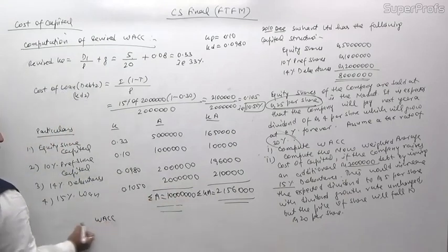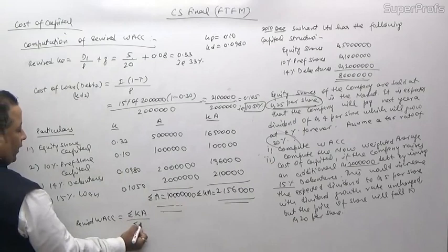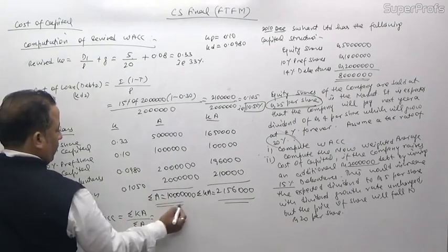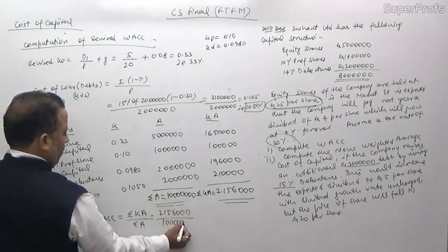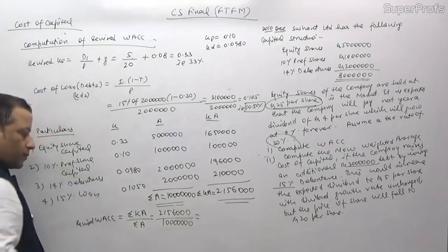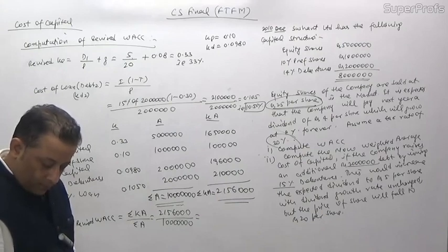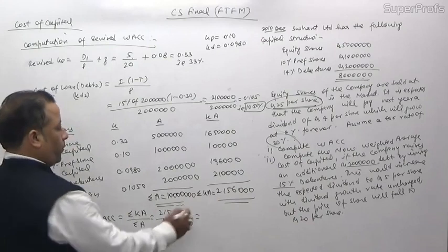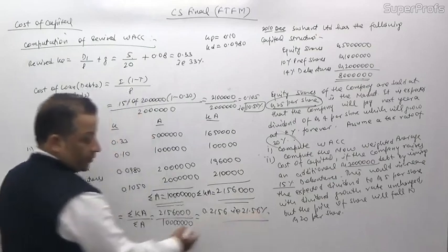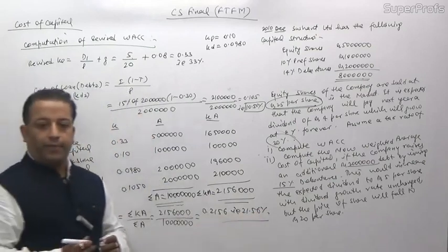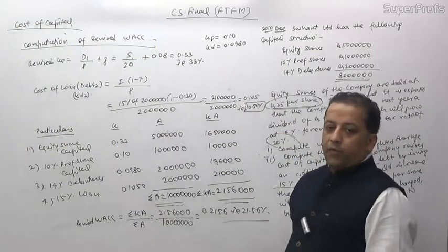The revised weighted average cost of capital is sigma KA divided by sigma A, 21,56,000 divided by 1 crore, that is 0.2156, that is 21.56%.